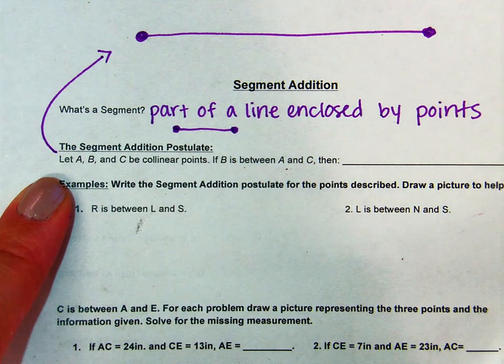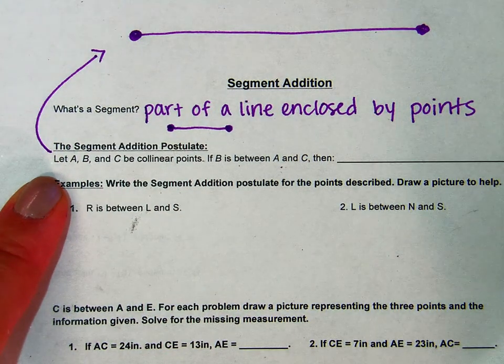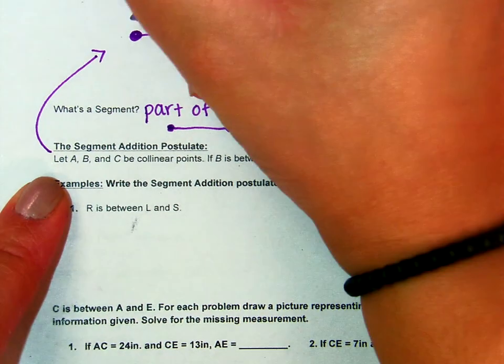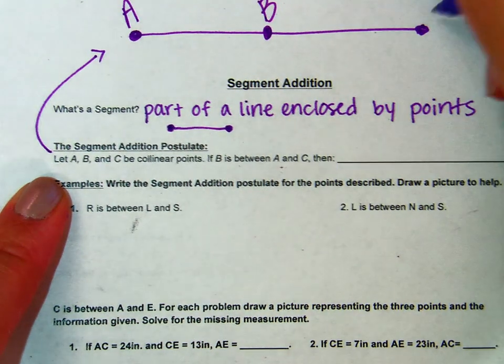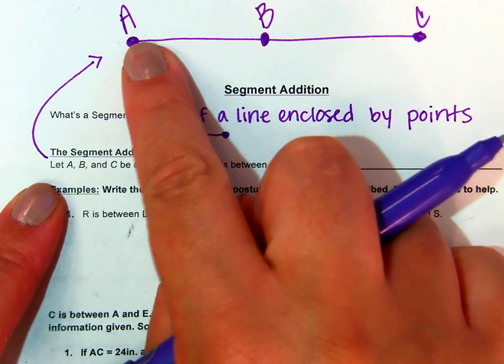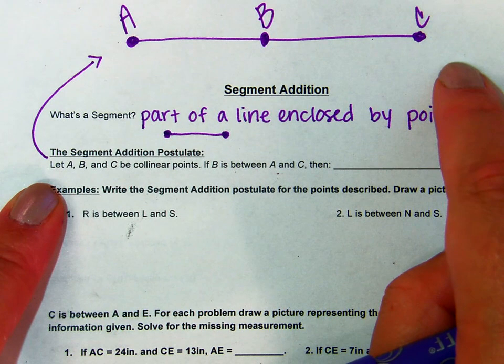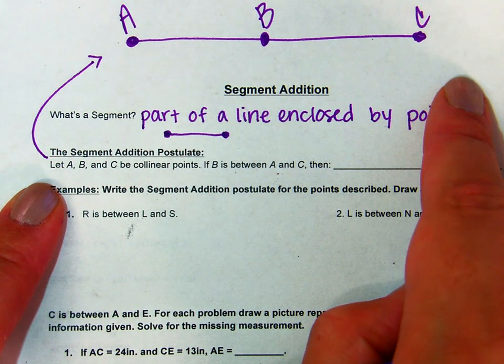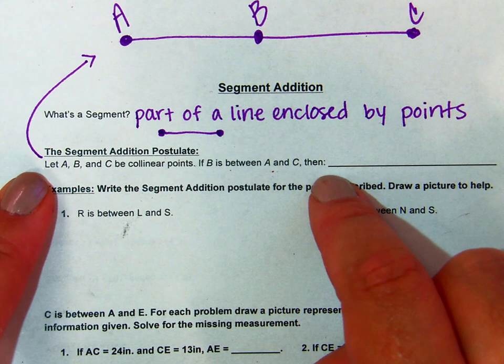That means these points all lie on the same line. So I'm going to throw in another point here and label them A, B, and C. If B is between A and C, then this is what the segment addition postulate tells me.